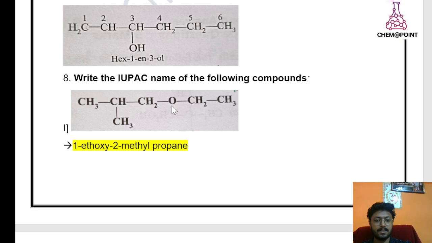Okay, but in this case, on the right side there are 2 carbon atoms, and on the left side 1 2 3, 3 carbon atoms. So which side has fewer carbon atoms? The right side. Got it? That's why 1-ethoxy is the prefix. Okay, then 2-methylpropane. Got it?